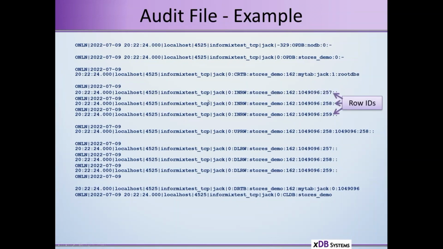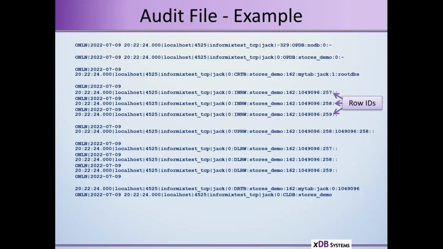Here's a case where we've got 3 rows inserted. What we see in our audit file here is the event code, the database name and so on, and a tab ID. We don't see what the table is.